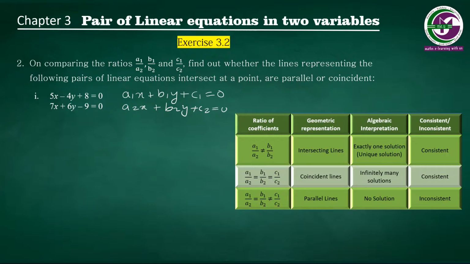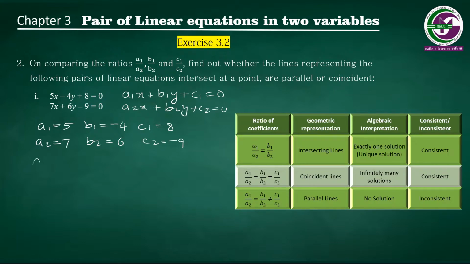Now comparing the equations, we can see that a1 is equal to 5, b1 equals negative 4 and c1 equals 8. a2 equals 7, b2 equals 6 and c2 equals negative 9.